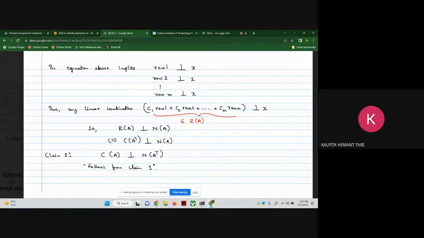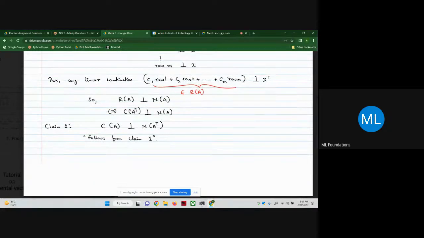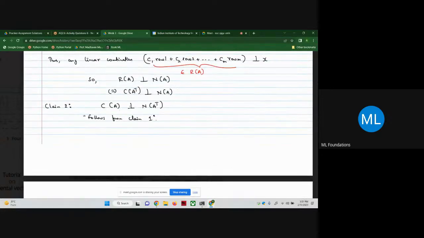So basically, the row space of A will be perpendicular to x. And since this is one vector which belongs to the null space of A, the entire span of the null space will also be perpendicular to the row space of A.